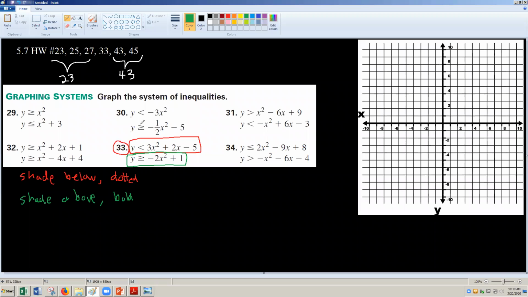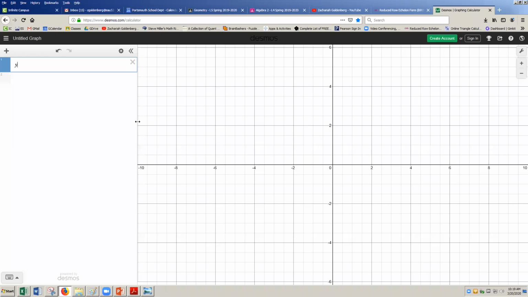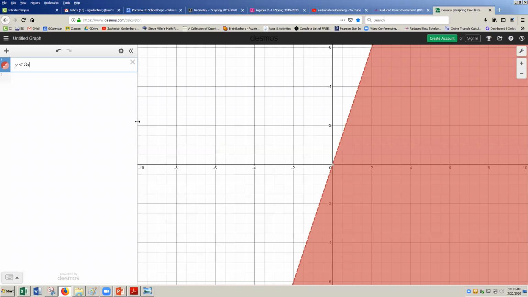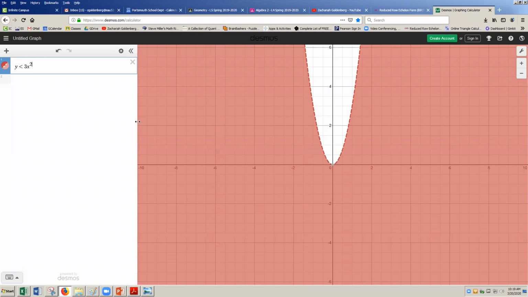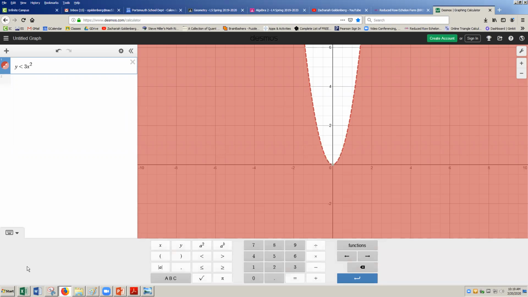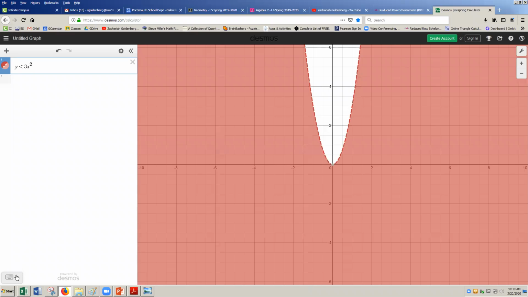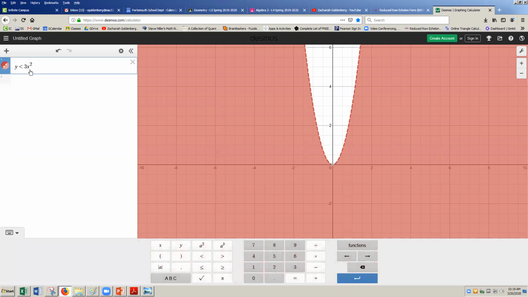Let's see, so y is less than. If you want to use the shortcut on your keyboard of Shift and 6, which is that little caret up key, it'll bump you into the exponent. If you're more comfortable using the keyboard they provide, you can use this as well, right at the bottom here: keyboard, shrink, expand.